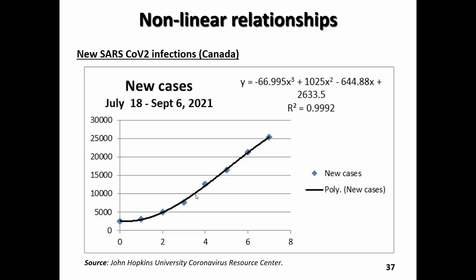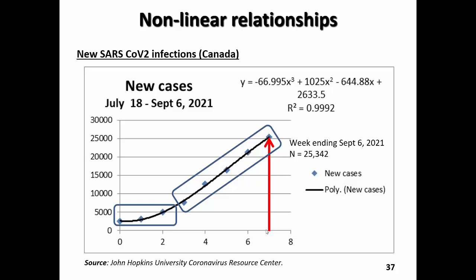The blue diamonds indicate the new cases starting on July 18th at time 0 on the x-axis. And we can see that over this 7-week period, the number of new cases increases, but does not increase in a linear manner. There's a slow increase followed by a more steady increase over that 7-week period.